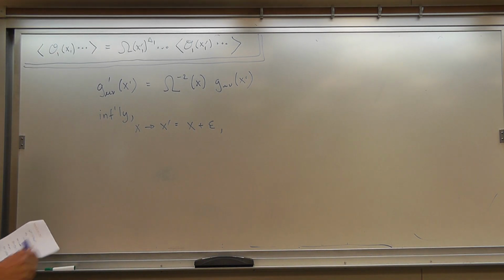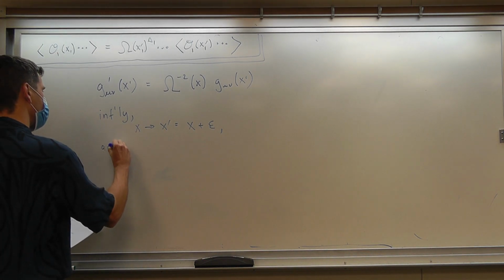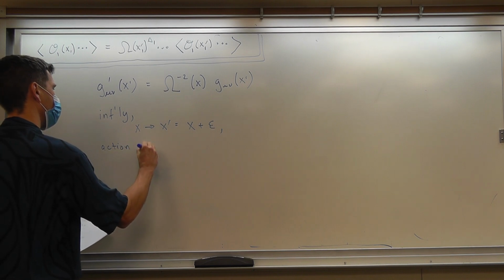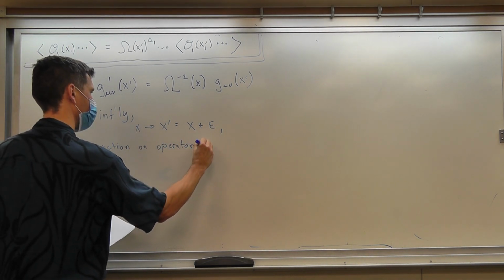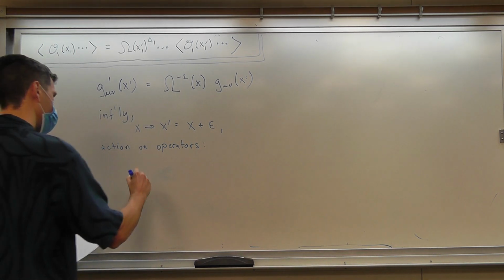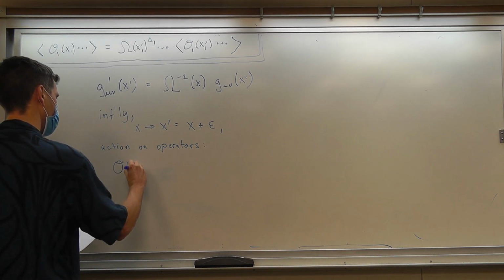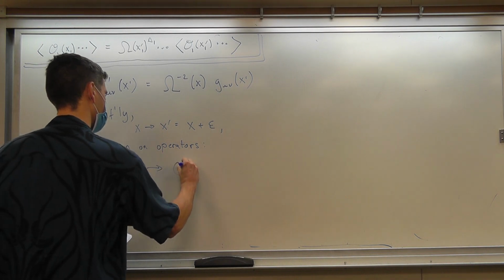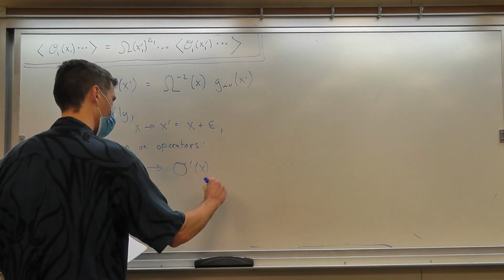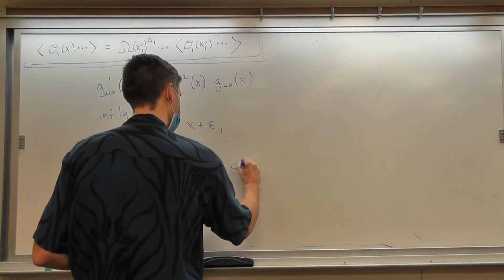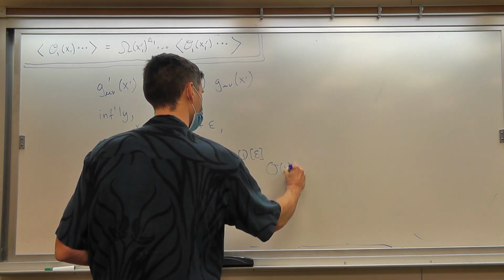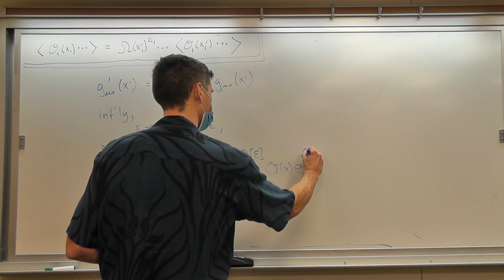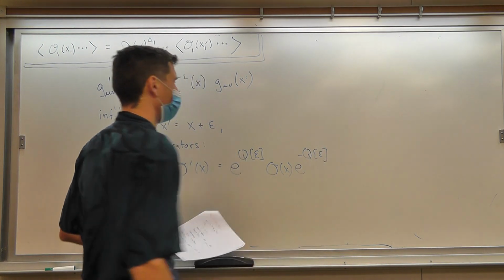then the action on operators, and I don't think I wrote this equation last time, so I wanted to get it in there. The action on operators is that O of x goes to O prime of x, which is e to the q of epsilon O of x, e to the minus q of epsilon.